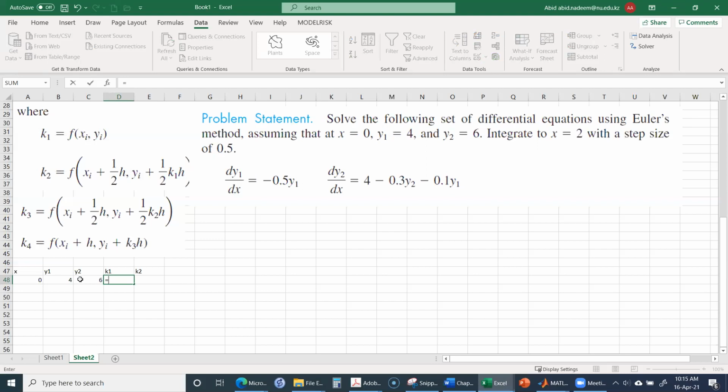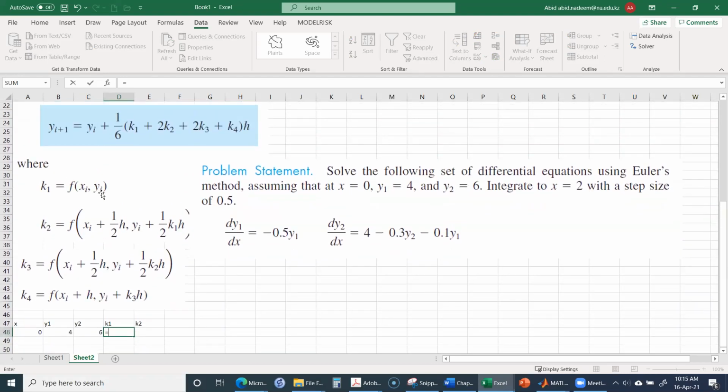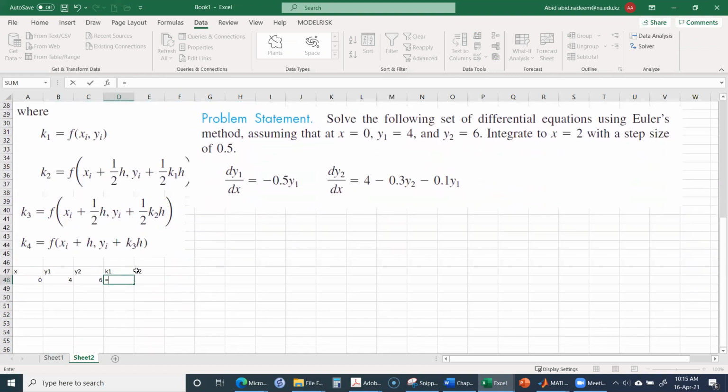K1 is equal to f(x1, y1), so f(x1) is this one, minus 0.5 times y1. So it is this.